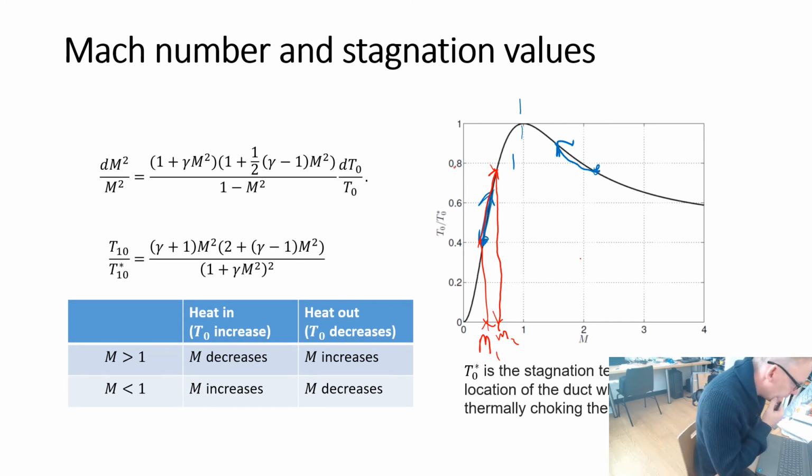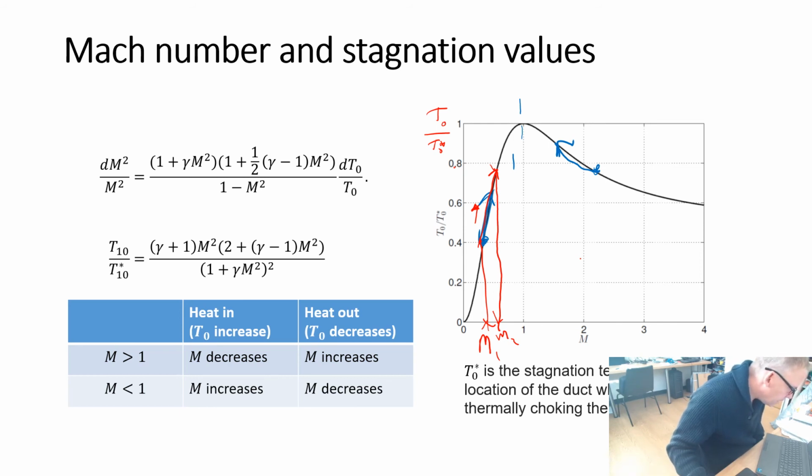So here is the ratio of the stagnation temperature, T naught over T naught star, versus the Mach number. And as always, we find that if we add heat, adding heat means we go in this direction. T naught is going to increase, stagnation temperature is going to increase.